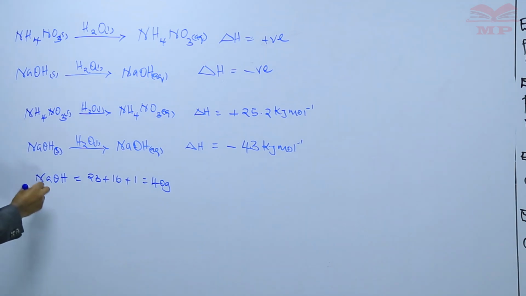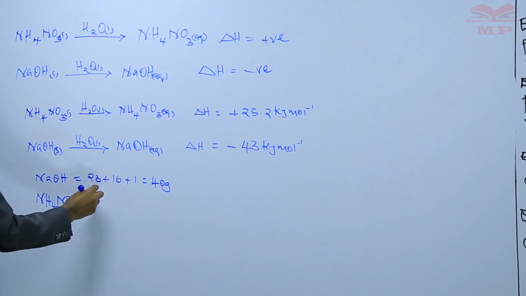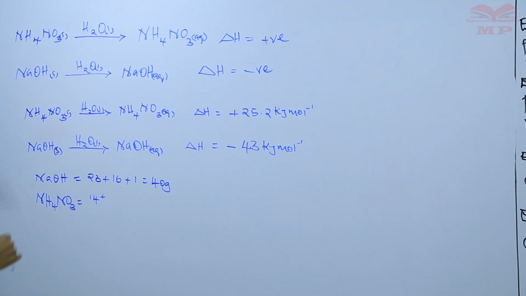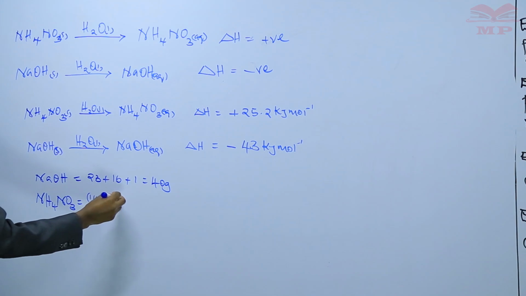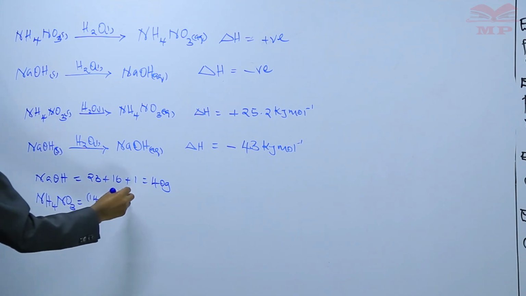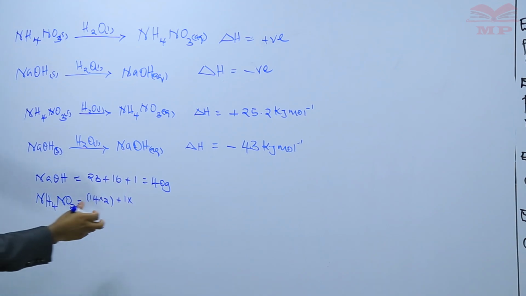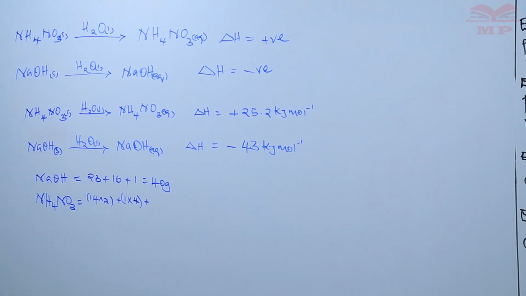Then for the ammonium nitrate, the mass of nitrogen is 14. There are 2 atoms of nitrogen, so 14 times 2. Then the next element is hydrogen. Hydrogen has a mass of 1, and there are 4 atoms of hydrogen. So you multiply by 4. Then the next element is oxygen.